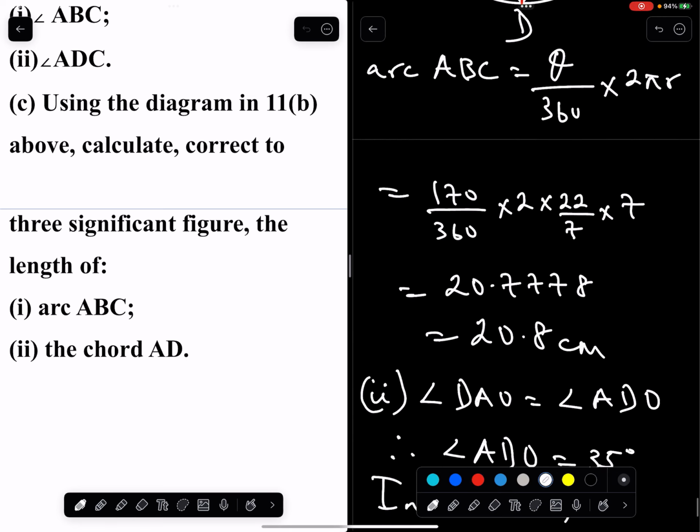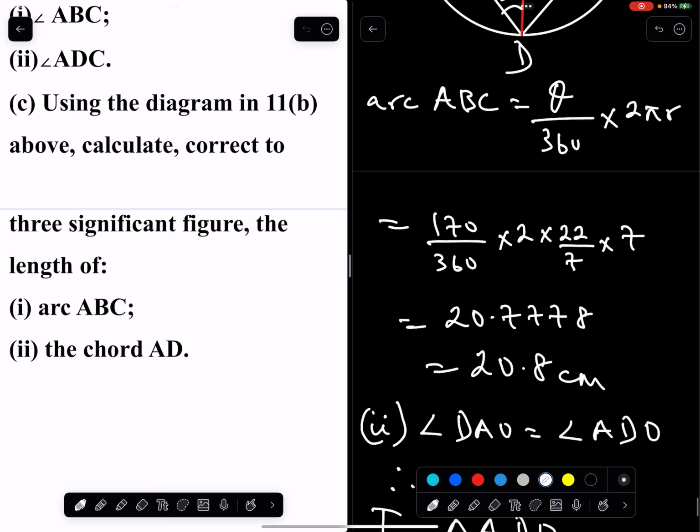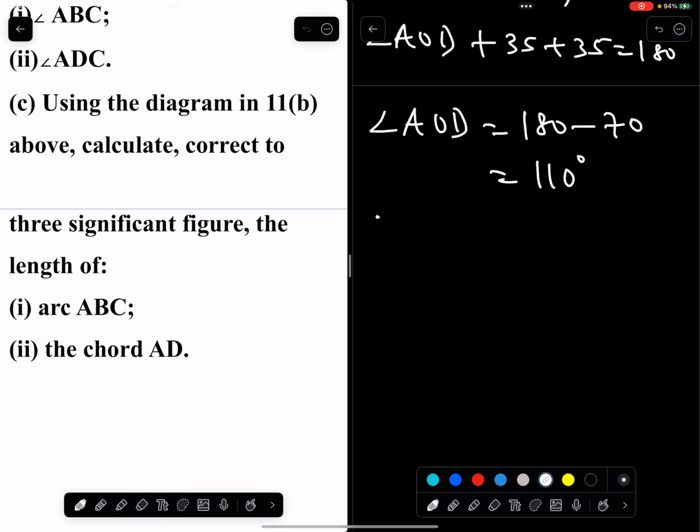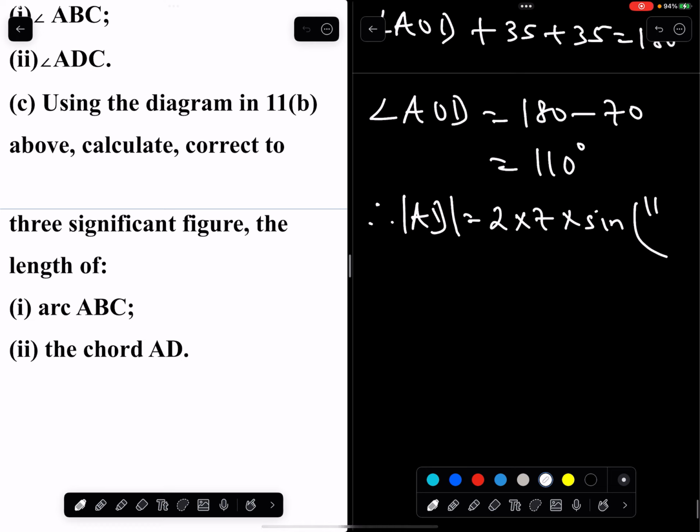Now we know the angle which the chord AD subtends at the center of the circle, and that simply means we can find its length. So the length of chord AD is equal to 2r sine theta over 2, that's 2 times 7 times sine theta over 2. Theta is the angle which the chord subtends at the center of the circle, and that's angle AOD, which is 110 all over 2.